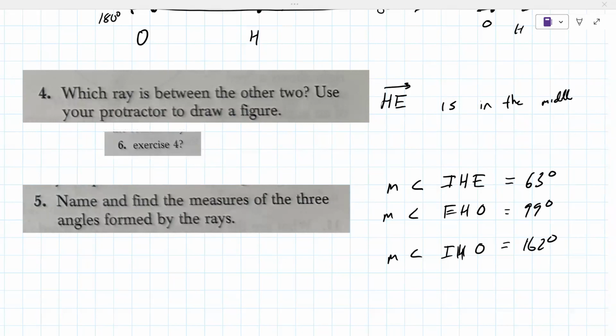Will that just be the betweenness of rays? So it's either the definition of betweenness of rays or the betweenness of rays theorem. What's the difference between those? What's the definition of betweenness of rays?